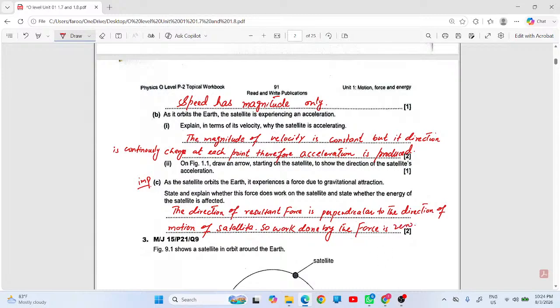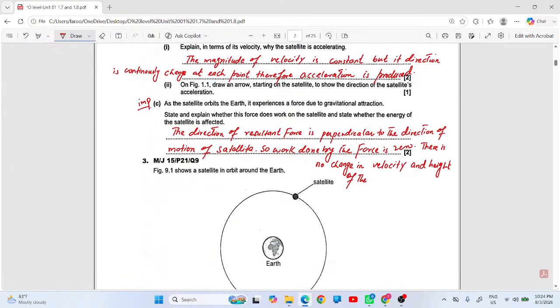And there is no change in velocity and height of the satellite because it is revolving in a fixed orbit.